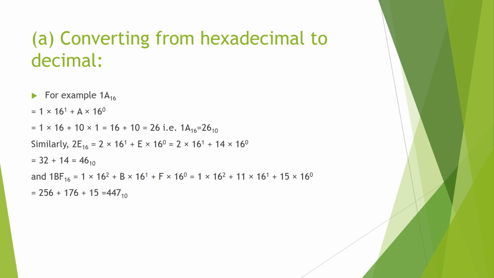So like in our case here, we have A1A base 16, which is the same as A multiplied by 16 raised to power 0 plus 1 times 16 raised to power 1.